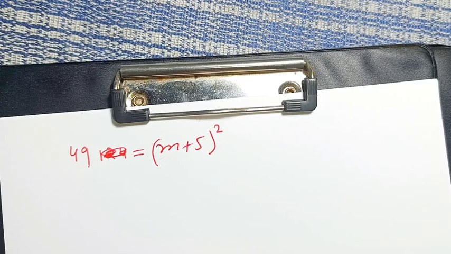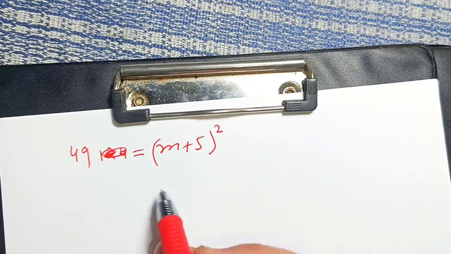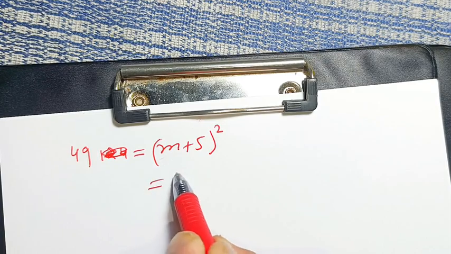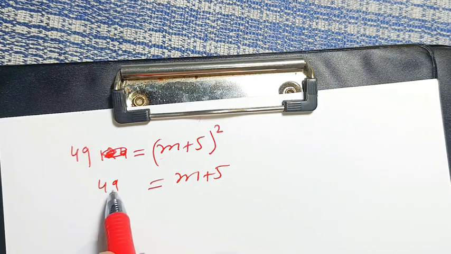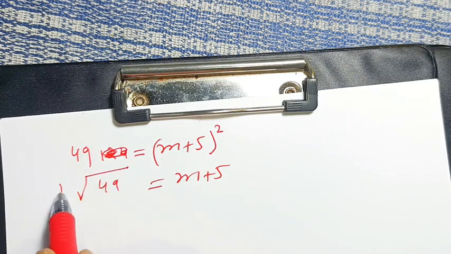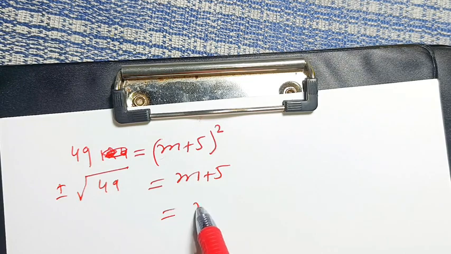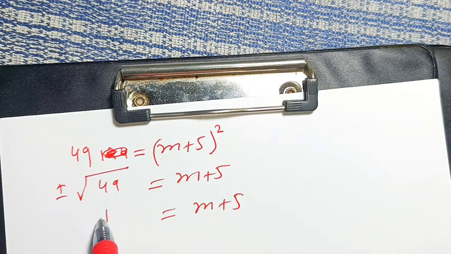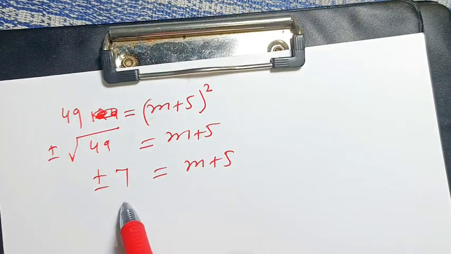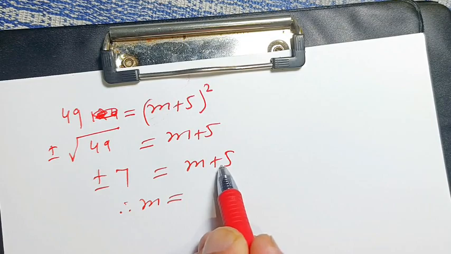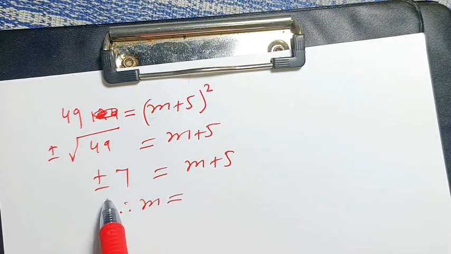So now we need to solve for m plus 5. So it's going to be m plus 5, square number becomes square root, positive and negative outside. So it's going to be m plus 5 equals positive and negative 7. Now, therefore, m is going to be equal to positive 5 switching over this side becomes negative.